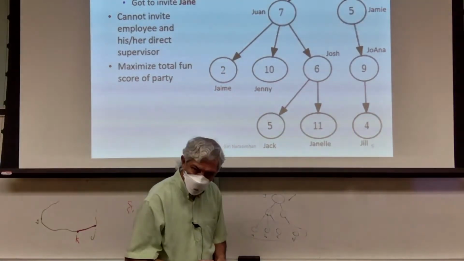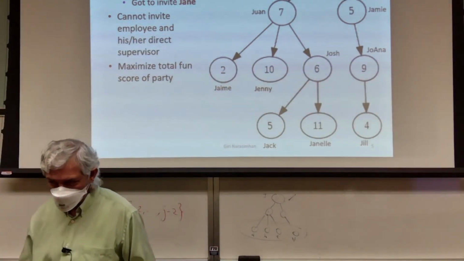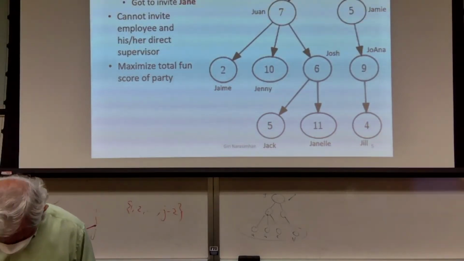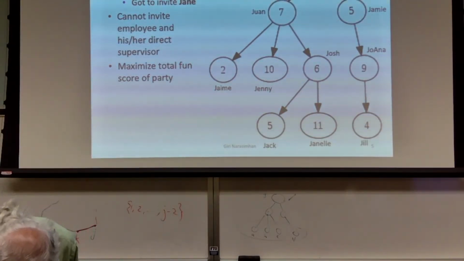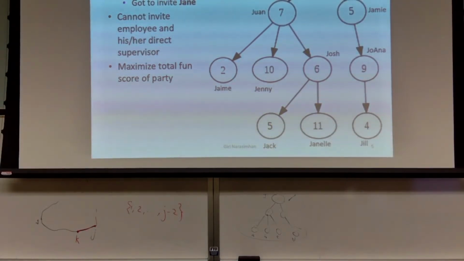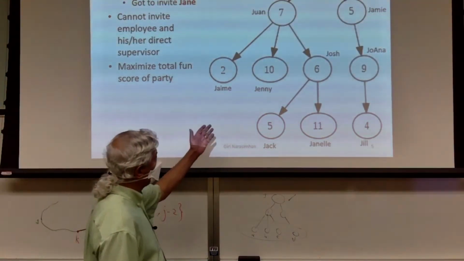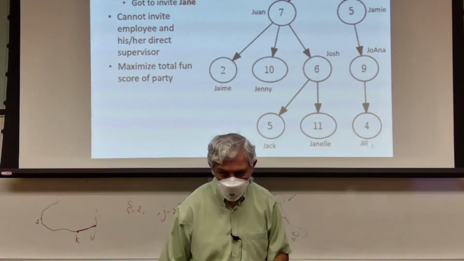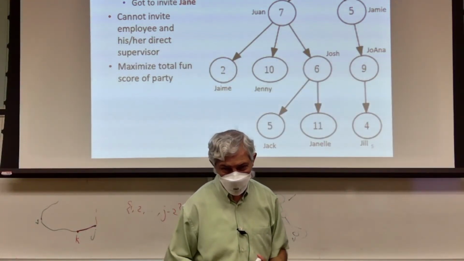Oh, we have to skip them? So I was thinking at Josh, we either take that one or take its employees, or the optimal solution at the subproblem. And then we add everything we need, and replace it if it's greater than Josh's. So instead of Josh, I could replace it with these 2 guys.